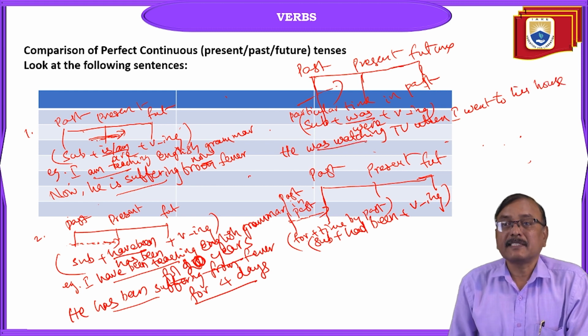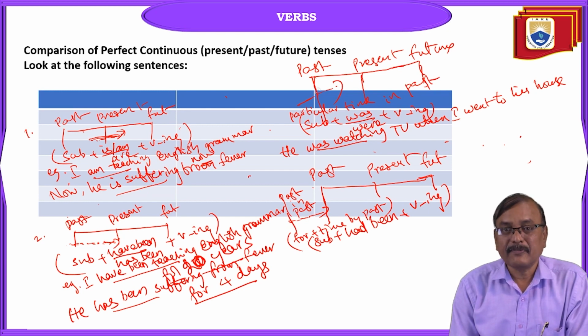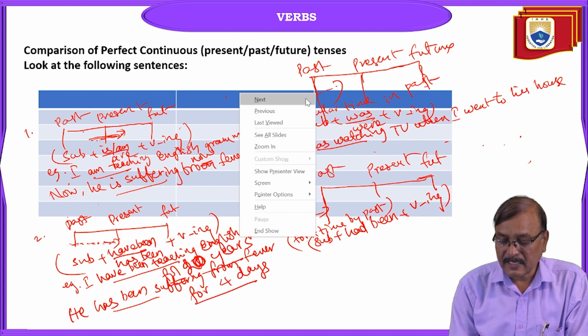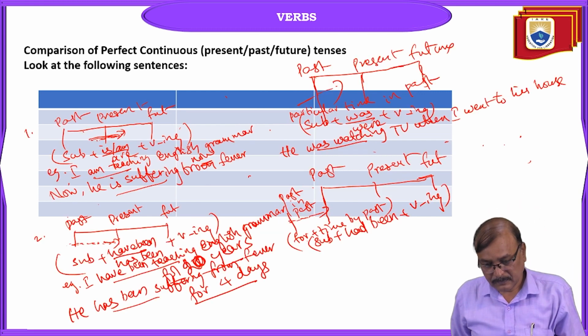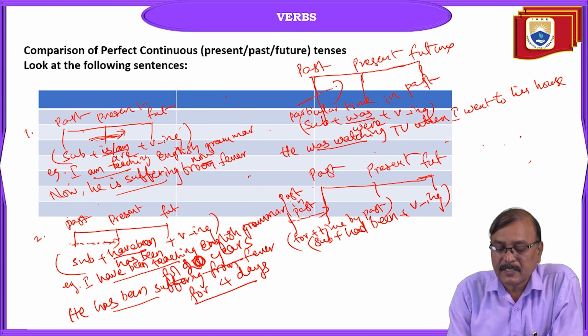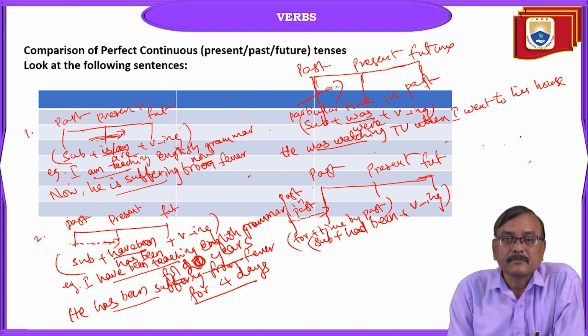He was watching TV. When was he watching TV? At this time I went to his house. When I reached his house at this time, he was watching TV. At a particular time when I reached there, he was watching TV.